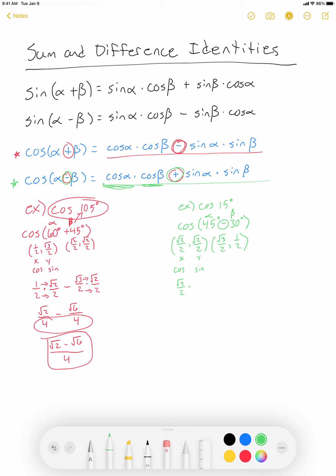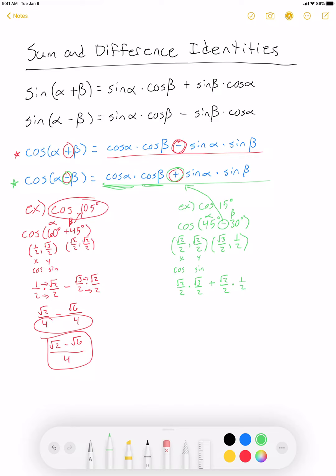The x value of 30 degrees is radical 3 over 2, plus, because it's opposite, sine, the y value of my first angle measure, 45 degrees, radical 2 over 2, times sine, the y value of 30 degrees, that second value, which is 1/2.